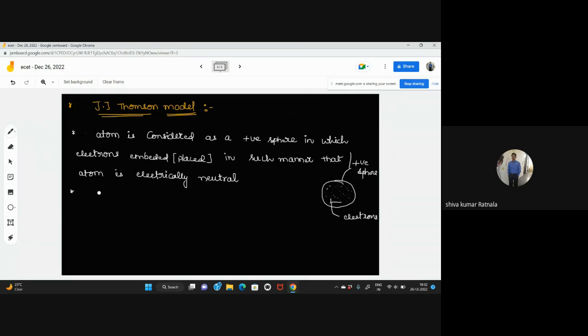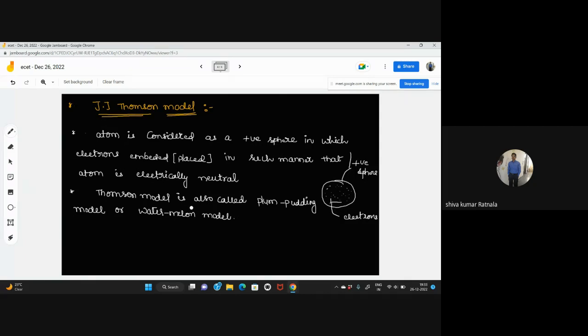That's why this Thomson model is also called plum pudding model or watermelon model also we can say. This is what we can say about the Thomson model.